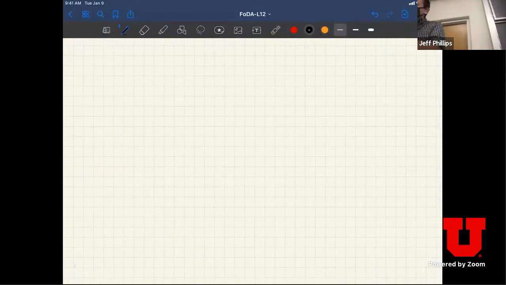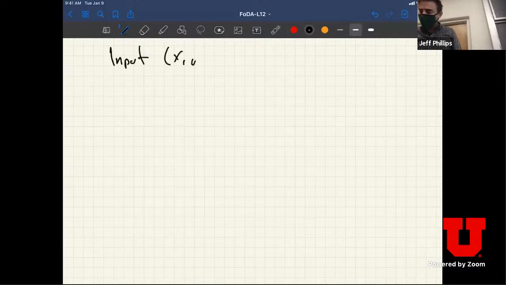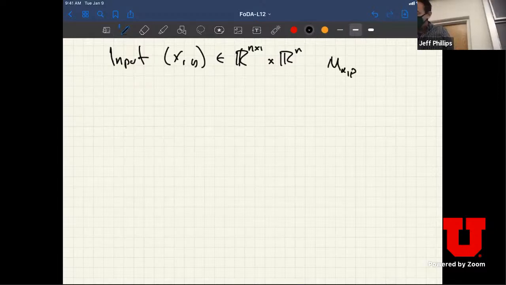Okay. Again, we have input x, y, in R^n by 1 cross R^n. And the goal: we want our model, let's call this alpha_p, because we're going to need to fit some alpha here.